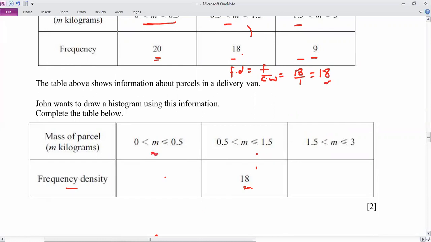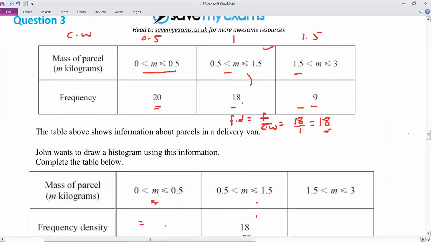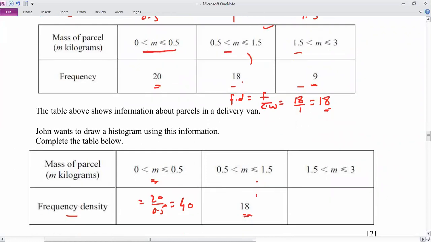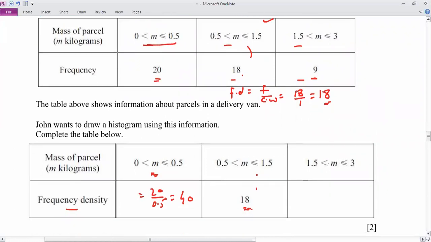Now what will be the frequency density for this one? What is the class width for this one? Class width for this one is 0.5 and this is 20. So 20 over 0.5 is 40. And what will be for this one? Because the factor is the same.